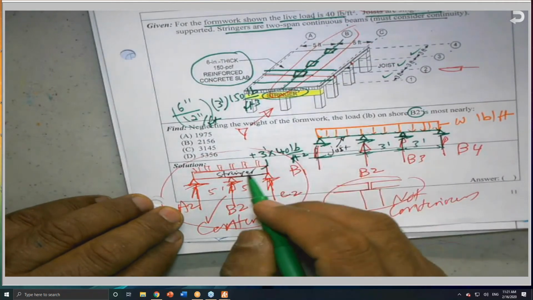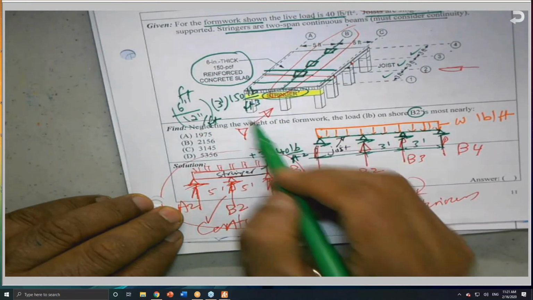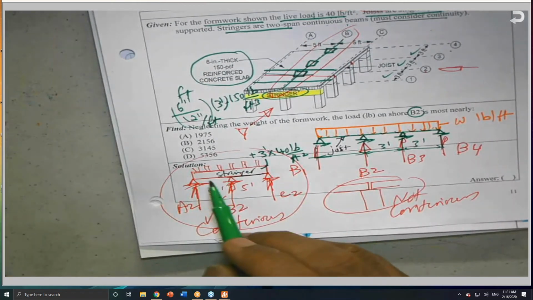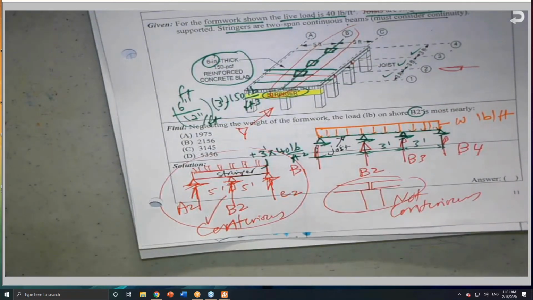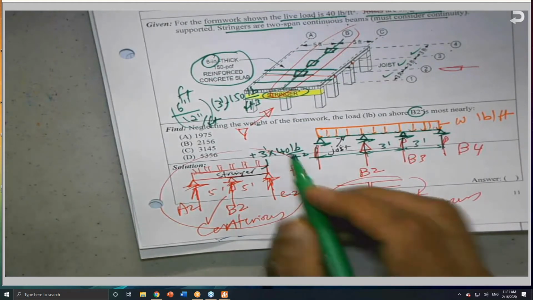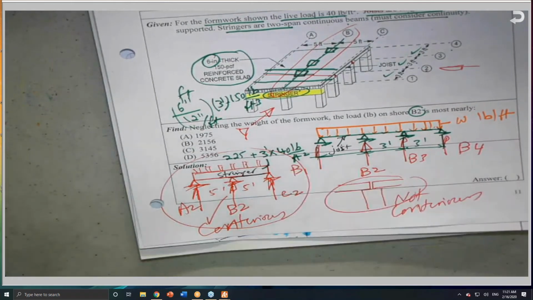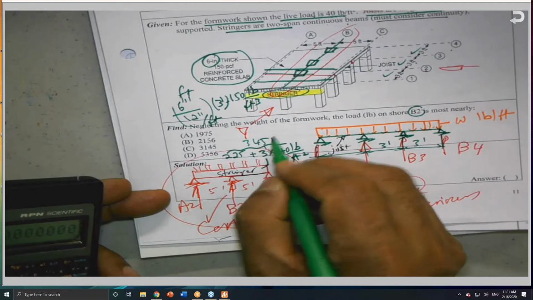Units are very important. So the 6/12 became feet, and feet and feet will give you pounds per linear foot. If you add this plus this, it will give you the total distributed load. So it is 6 divided by 12, because 6 inches thick, and 3 feet wide, and 150 times. This is 225, 225 plus 120, so this will give you 345 pounds per linear foot, PLF.